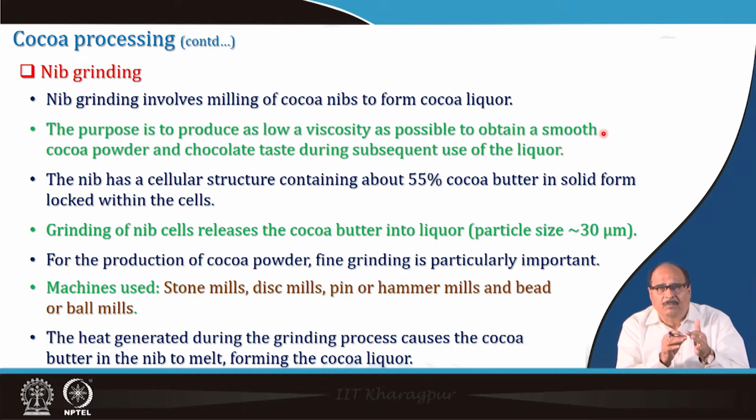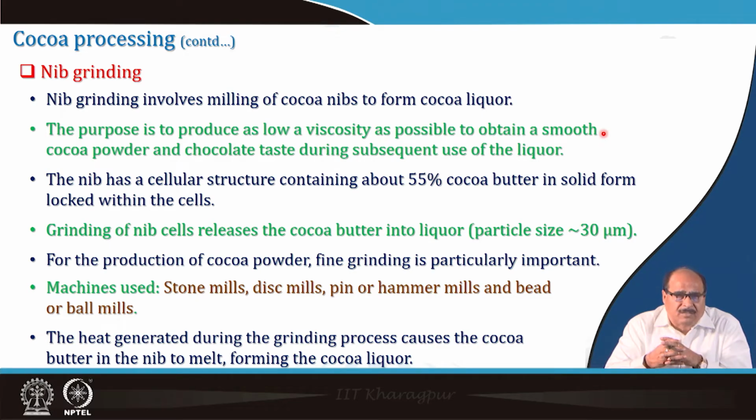So, grinding of the nib releases the cocoa butter into the liquor, and the final particle size may be up to 30 micron or so. For the production of cocoa powder, fine grinding is particularly important. Machines used for nib grinding may be stone mills, disc mills, pin or hammer mills, or even bead or ball mills.